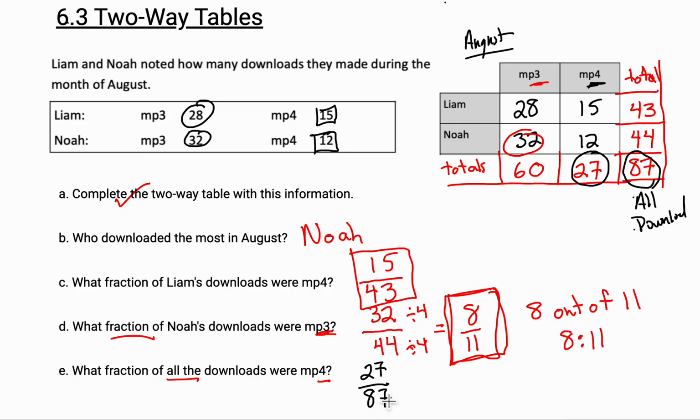The divisibility rule for 3 is you add the digits. So 8 plus 7 is 15, and 15 is divisible by 3. So 87 is divisible by 3. And I'll divide the top by 3 too. So 27 divided by 3 is 9.